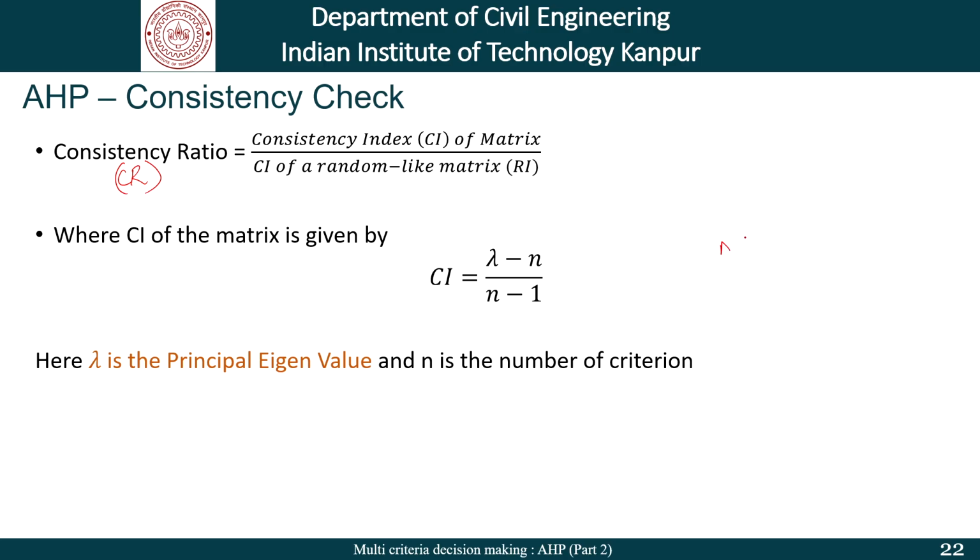In our case, n is equal to 4. I will discuss how to determine the principal eigenvalue of a given matrix.